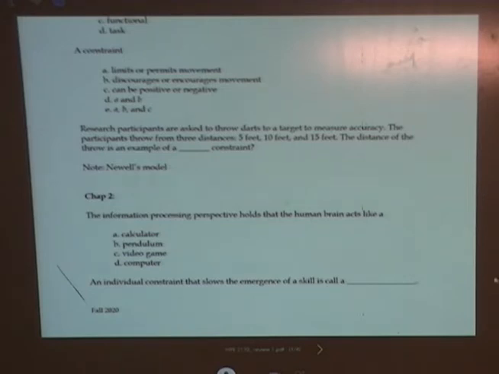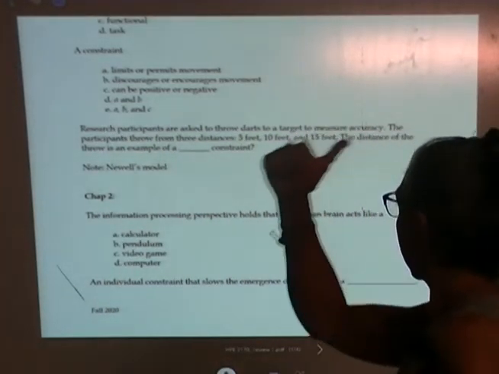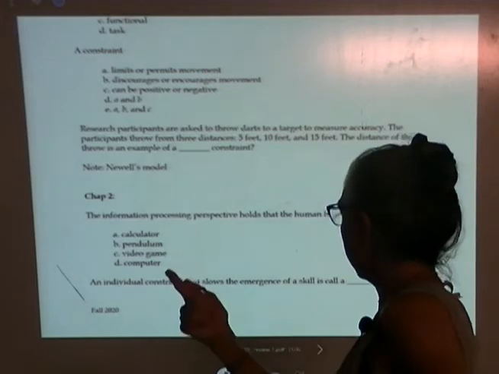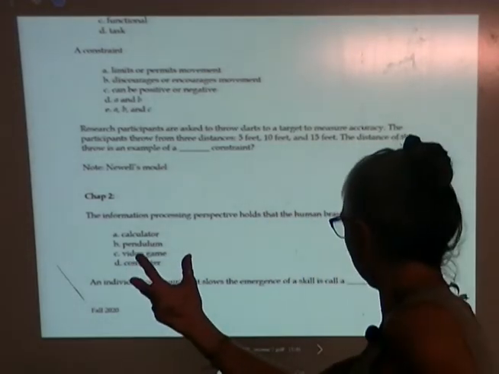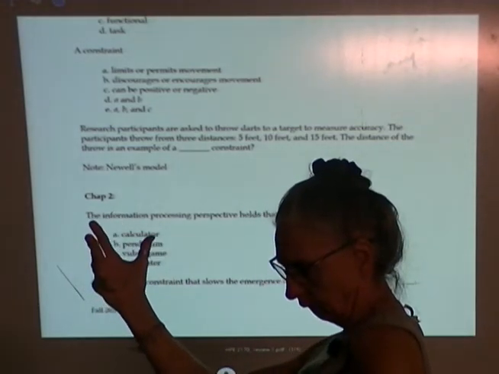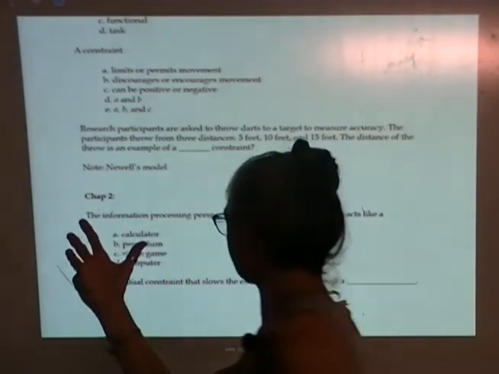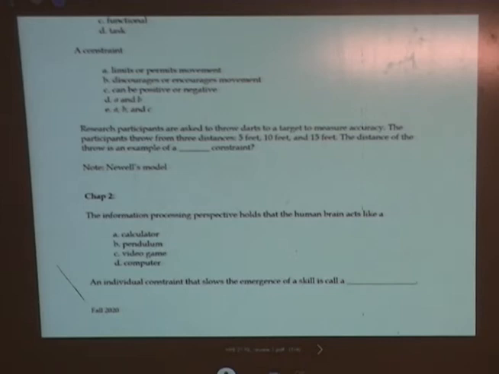So, question 1, the information processing perspective holds that the human brain acts like a calculator, pendulum, video game, or computer. Would it be the computer? Computer, good, Graydon, yes. Right?